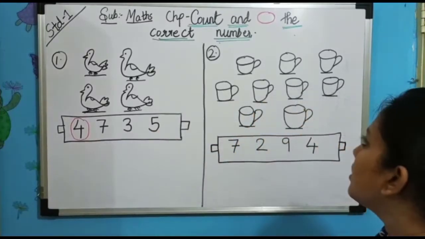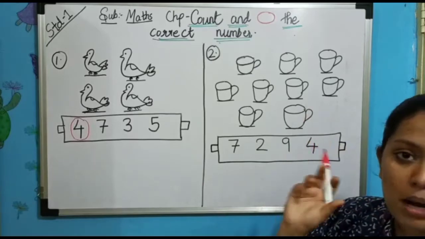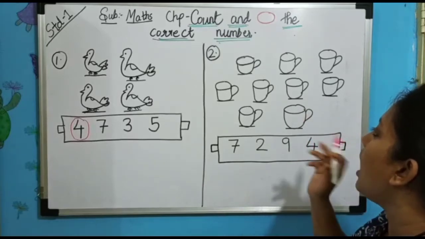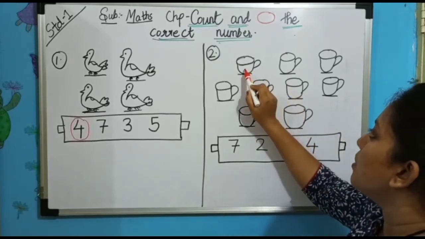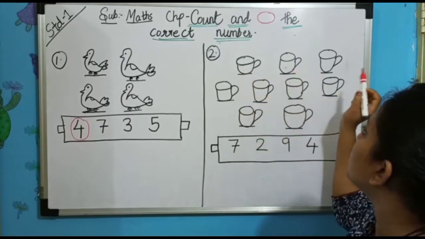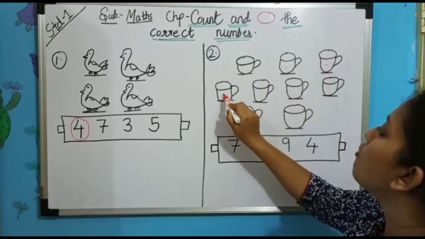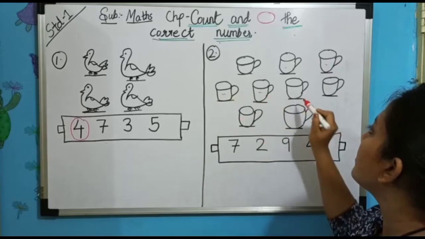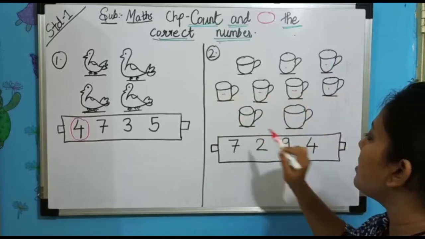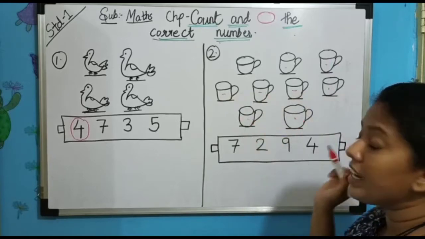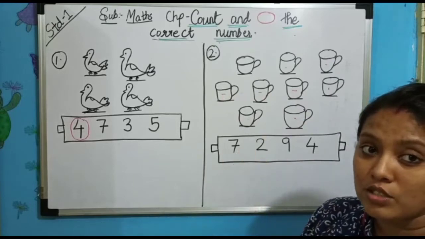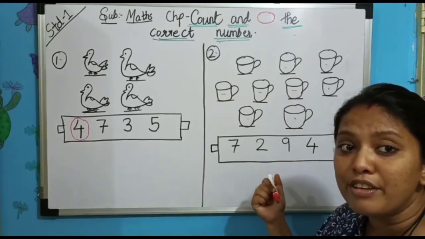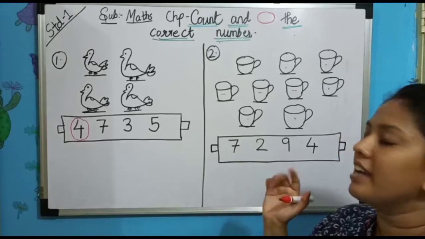Okay. Next we have a cup. Let's count how many there are. This is number 1, this is 2, 3, 4, 5, 6, 7, 8 and 9. How many cups do we have here? It is 9.